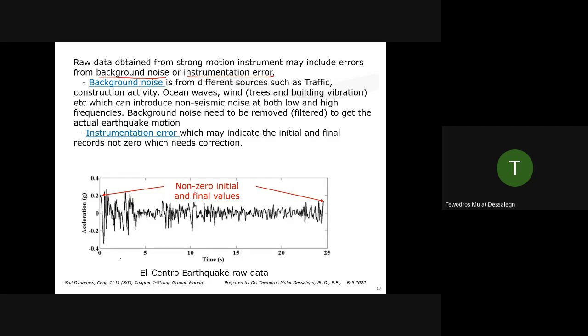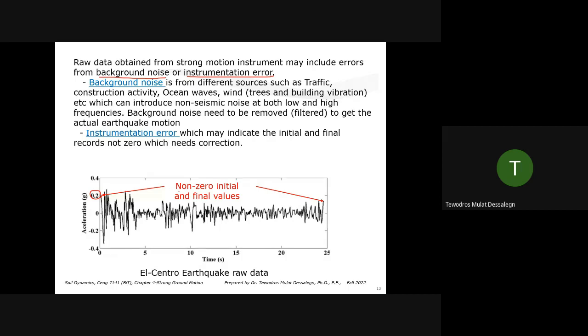When you plot the acceleration against time, those 2000 data points we talked about, you can briefly look at it. At time equal to 0, it starts at 0.2, and at time 25, it has some value.